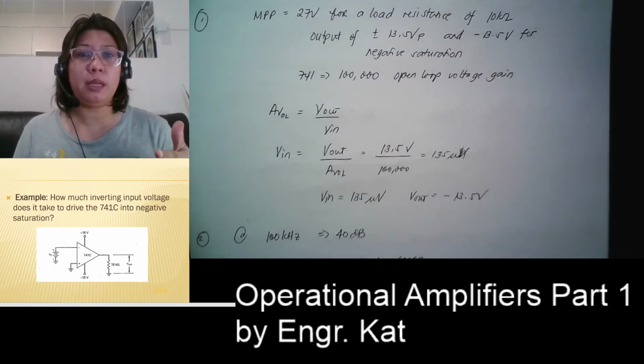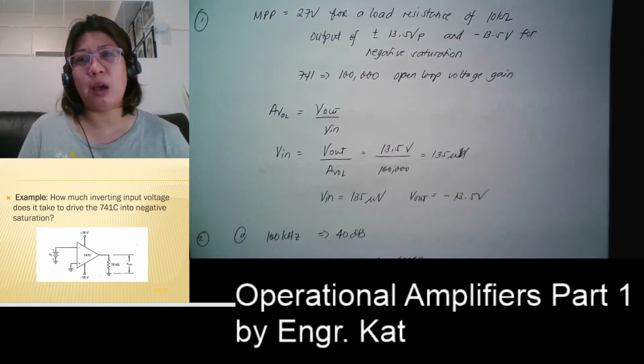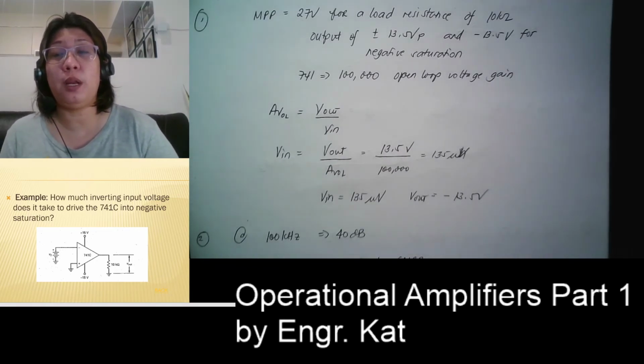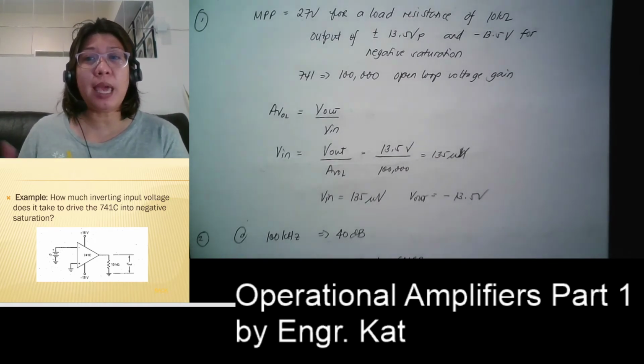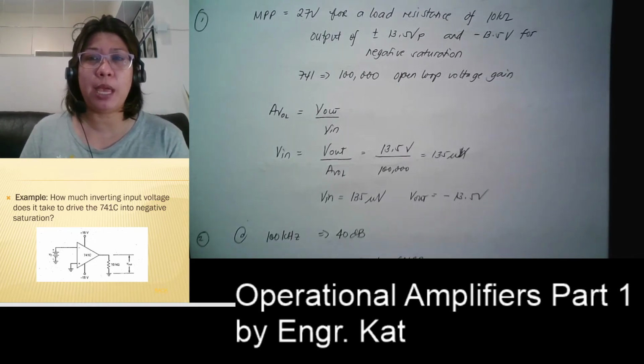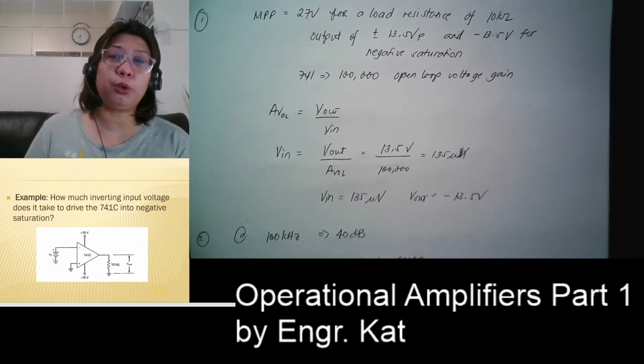So what do we mean by that? Even though I placed 140 microvolts at the input, that is no longer equivalent to 140 microvolts times 100,000, because for any input voltage greater than 135 microvolts, your output is already saturated at negative 13.5.